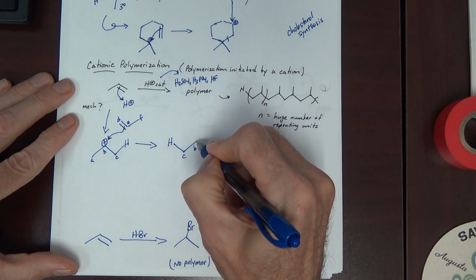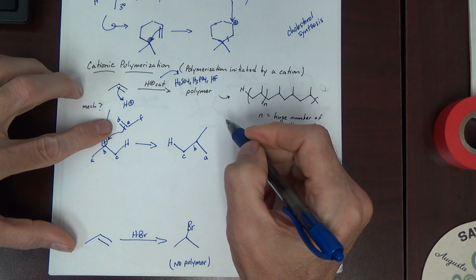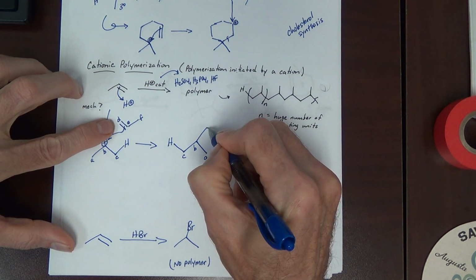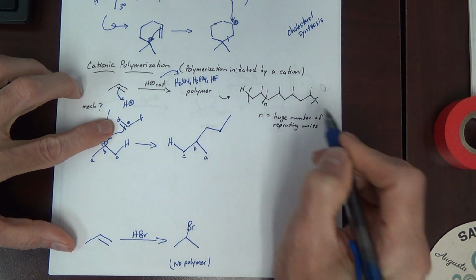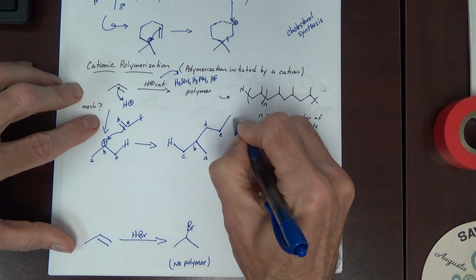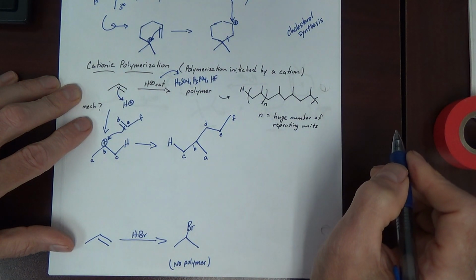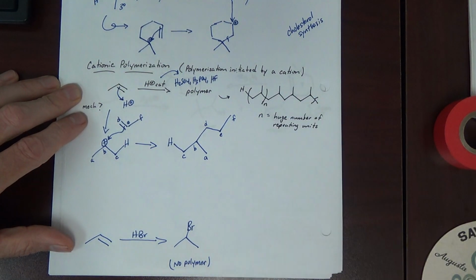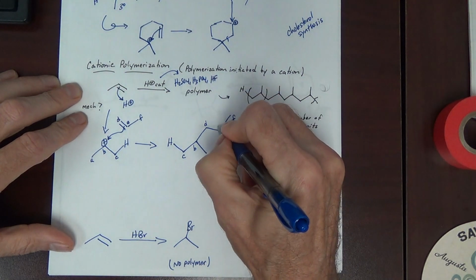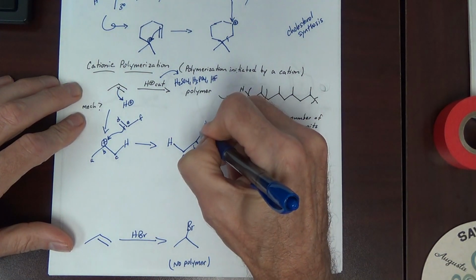But now we've got bonded to B is D, and D is bonded to E, and that's bonded to F. And so this is D, E, F. And where's the carbocation now? That would be here on E. And we just made that bond.